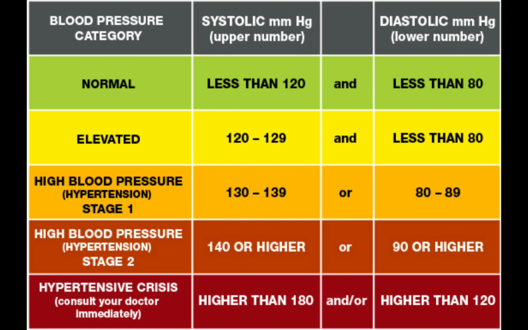In a hypertensive crisis, you have to consult your doctor immediately: the systolic blood pressure is higher than 180 millimeters of mercury and or the diastolic blood pressure is higher than 120 millimeters of mercury.